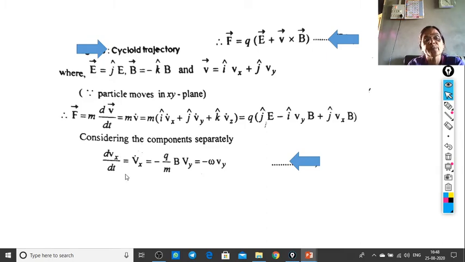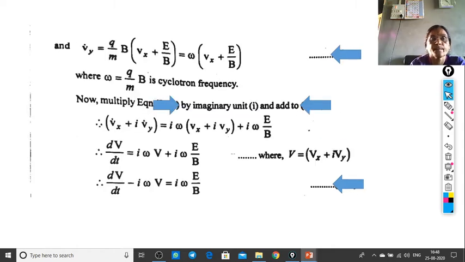Therefore, dvx by dt, equal to vx dot, equal to minus qB upon m vy, is also equal to minus omega vy. It is the value for the time derivative of the velocity vector component along the x direction.